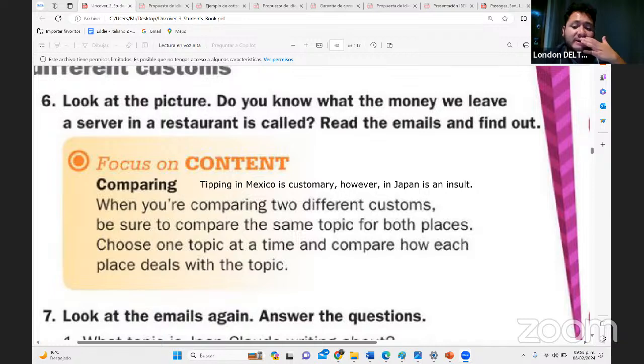And in Mexico, however, in Mexico, they are more reserved. Yeah, it's grammatically correct, yes. If it's accurate, I don't know.